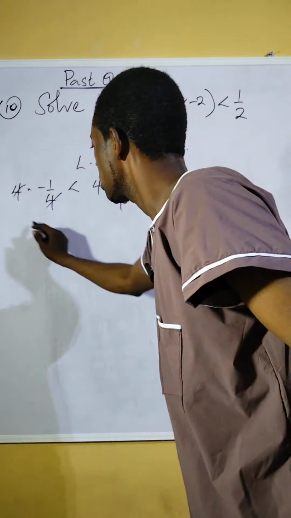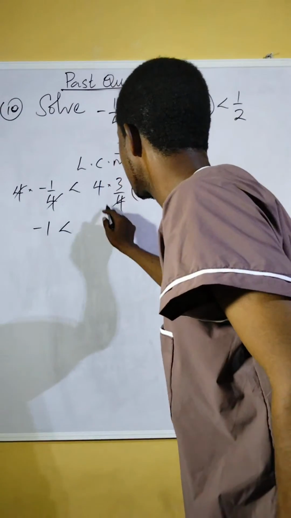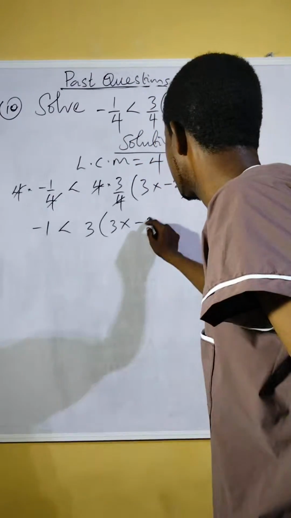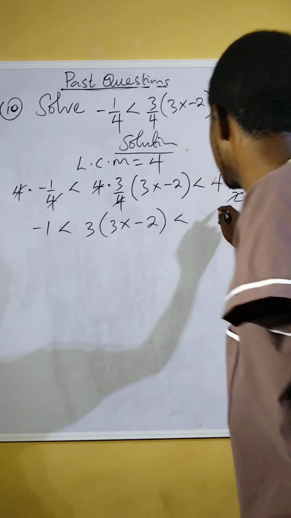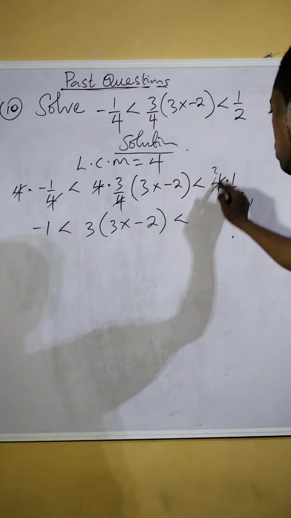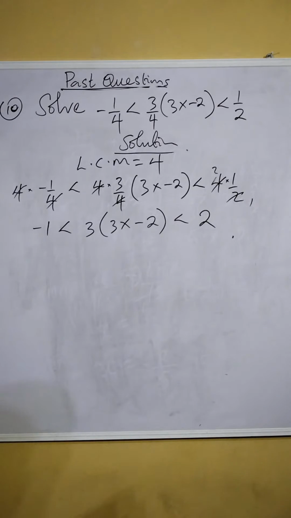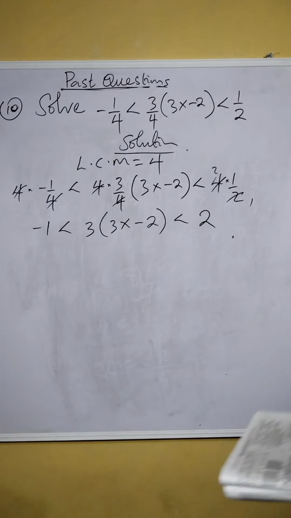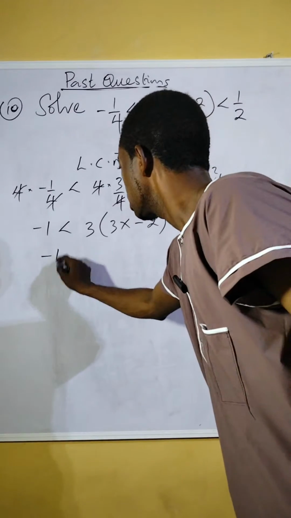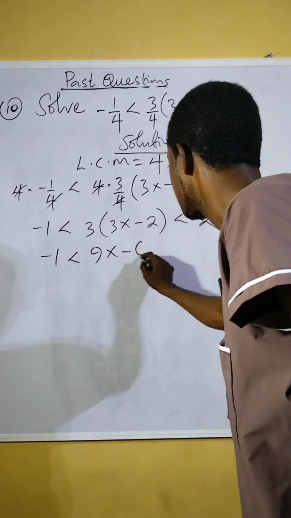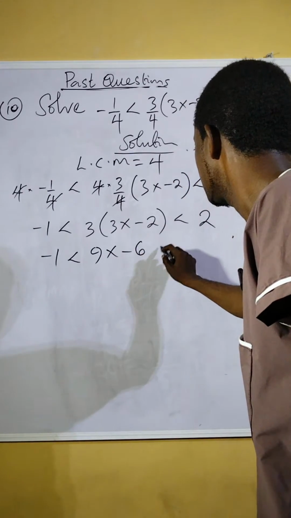The 4s cancel each other, we have minus 1 less than 3 times bracket 3x minus 2, then less than 2 goes into 2 once, 2 times 1, that's 2. Then from here, we have minus 1 less than 3, open this bracket, that gives us 9x minus 6, then less than 2.